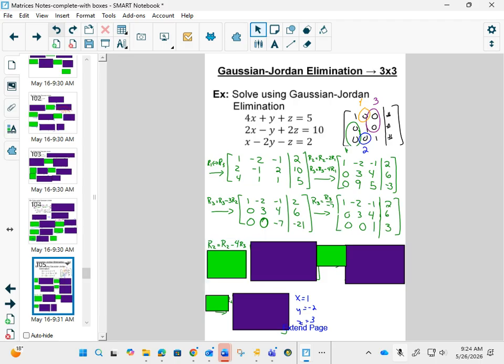I'm gonna try to drag this down. There it is. Can you see that I can make the 4 into a 0 by doing row 2 minus 4 row 3s? Okay. And it will be pretty obvious you want to do this.